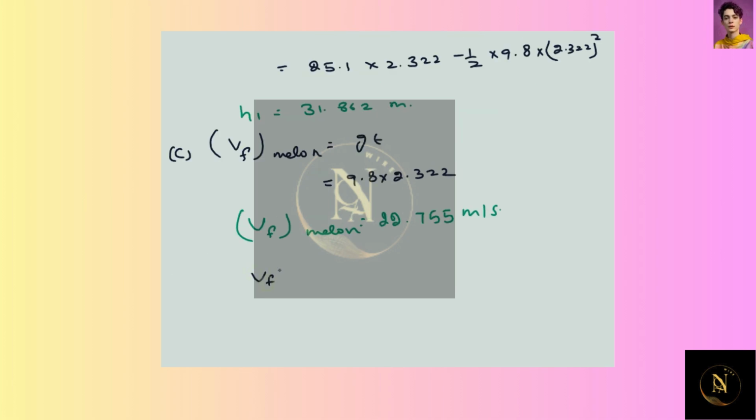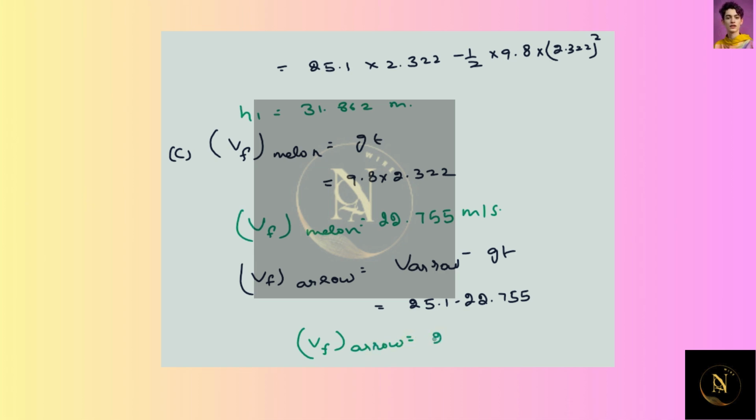Now the velocity of arrow, VF of arrow, is equal to V arrow minus G T. So that is equal to V arrow, which is 25.1, minus G T, which is 22.755. So we conclude that VF of arrow will be 2.344 meter per second.